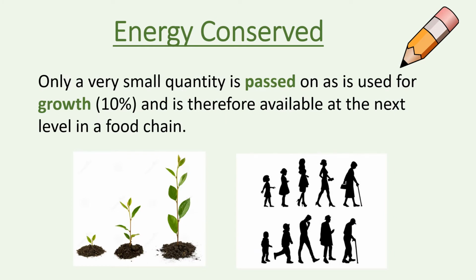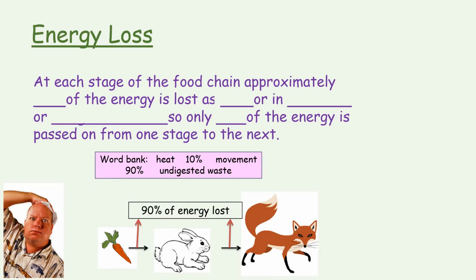So only a very small quantity of energy is passed on, and it's used for growth and is therefore available at the next level in a food chain. So if you get asked the question of how is the energy passed from one organism to another, it will always be through growth. Try to pause the video and fill out the blanks before I go over the answers with you.